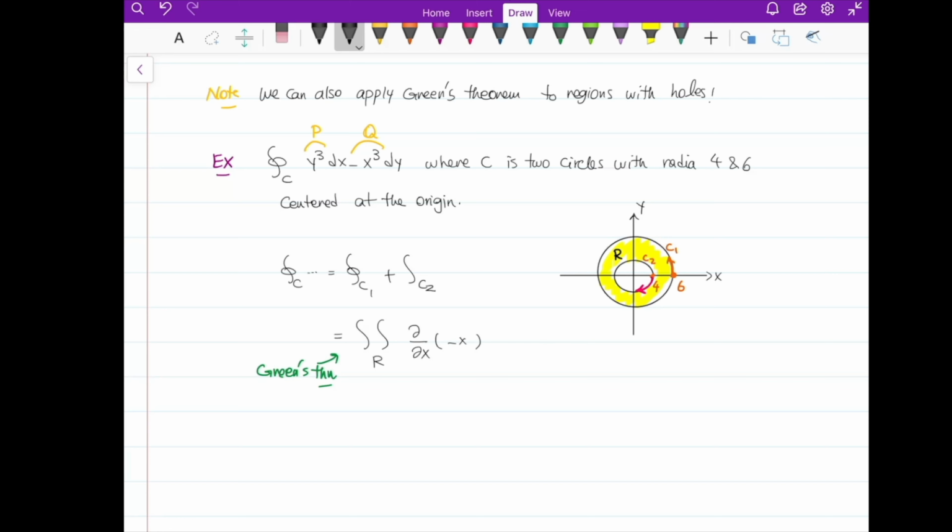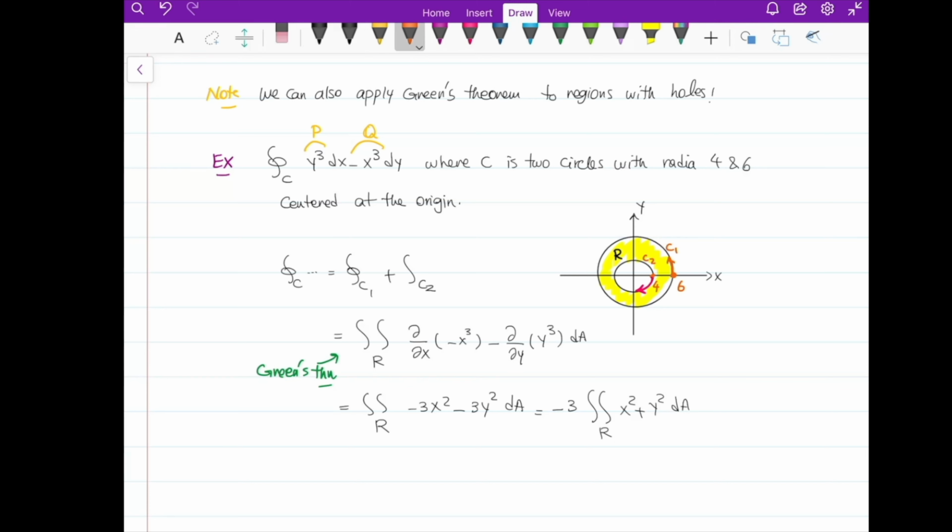So of negative x cubed, minus the partial with respect to y of p, which is y cubed, and then dA. Okay, so let me calculate that. Derivative of that with respect to x is negative 3x squared, minus derivative of that with respect to y is 3y squared, dA. So I can factor out the negative 3. So I have the double integral over R of x squared plus y squared dA.